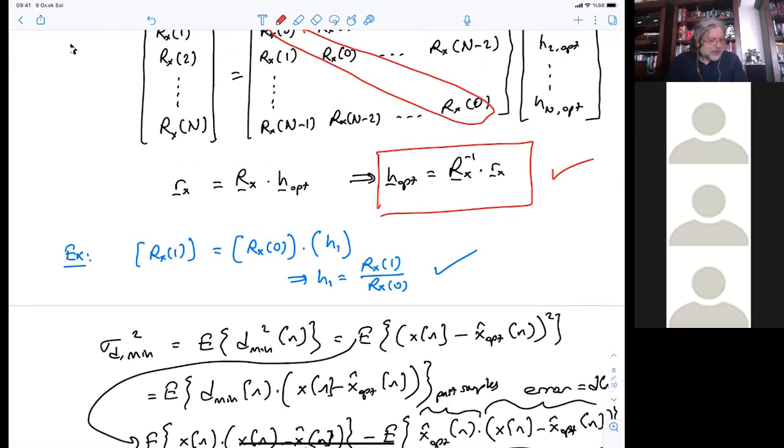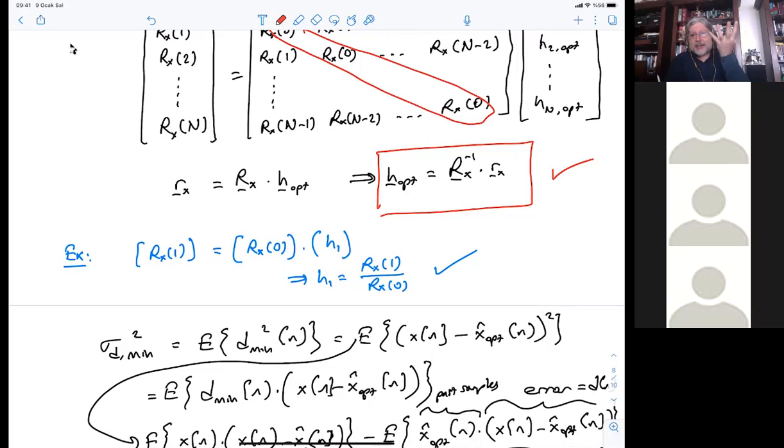Now, we will give some amount of break, and after the break, we will continue with the following discussion. We will try to geometrically visualize the prediction error power, sigma d square, as a surface with axis of h1 versus h2 if it is two-dimensional, or if it is multiple dimensional, then it's a hypersurface.